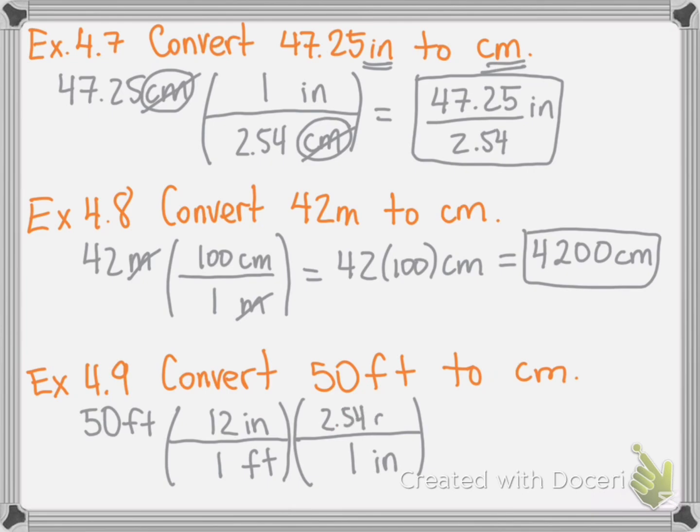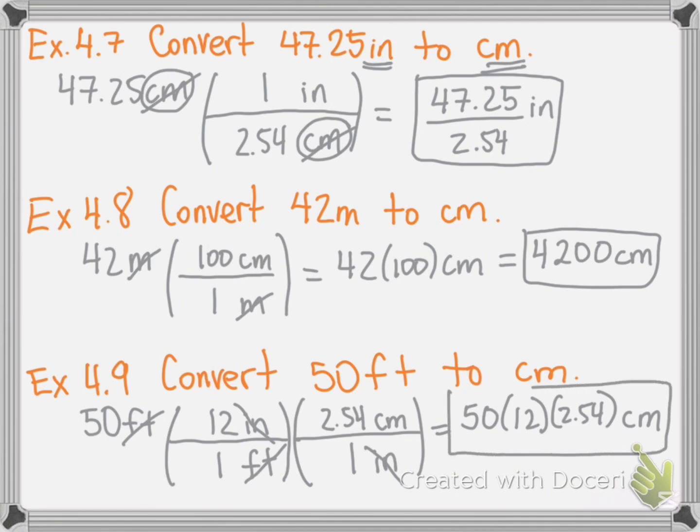So we need 2 steps here to get to the answer. And again, in this case, the feet cancel with the feet on the bottom, and the inches cancel with the inch on the bottom, and then we just multiply 50 times 12 times 2.54. And don't forget your units, centimeters. Super important. If you don't put the units, then that doesn't mean anything. You have to say what you are finding.